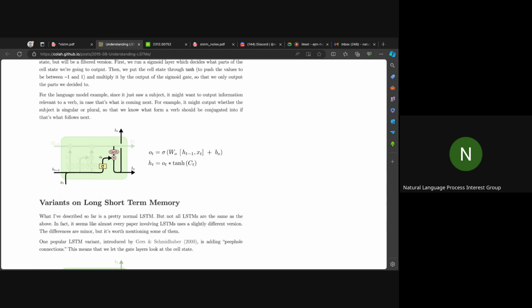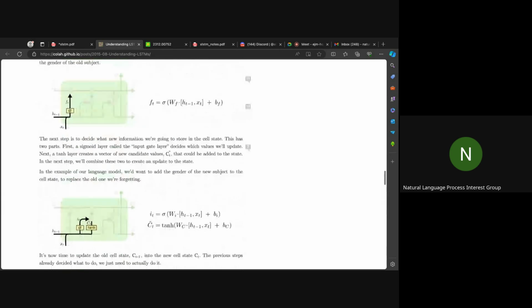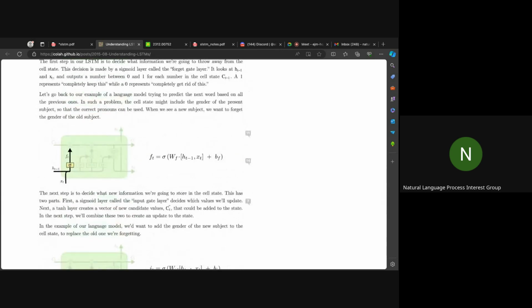So these are the three major operations that happen inside an LSTM cell. The first one is forgetting information that is there in the cell state. The second step is updating the cell state with the newer value, so that the model has the information about the newer input in memory, which can be used in later time steps.